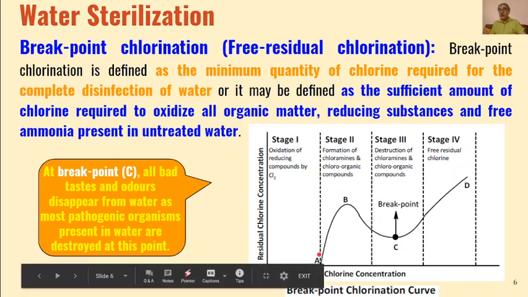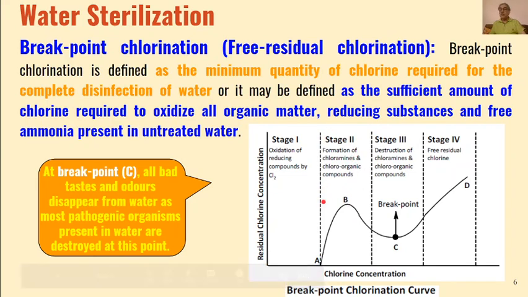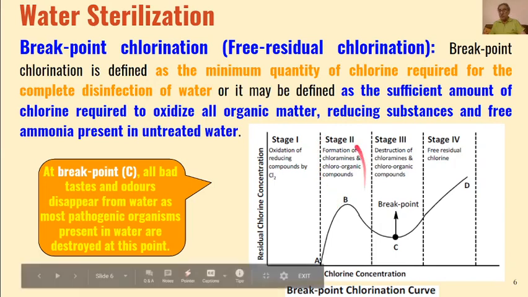From point A to this point, that is stage 2, the HOCl formed from chlorine will react with the free ammonia present in the untreated water, and chloramines and chloroorganic compounds will be formed. Monochloramine, dichloramine, trichloramine, depending upon the pH of the untreated water, will be formed.